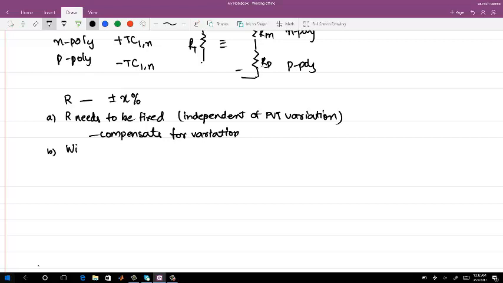So for wide range PLLs, you may want to change R. I'm not saying that you always want to change R. So if you're using a passive resistance, what can you do to change the resistance value?